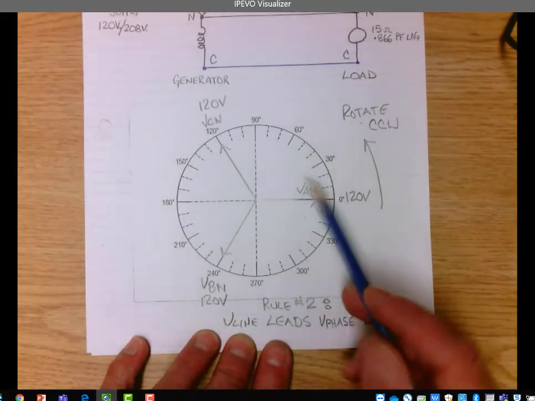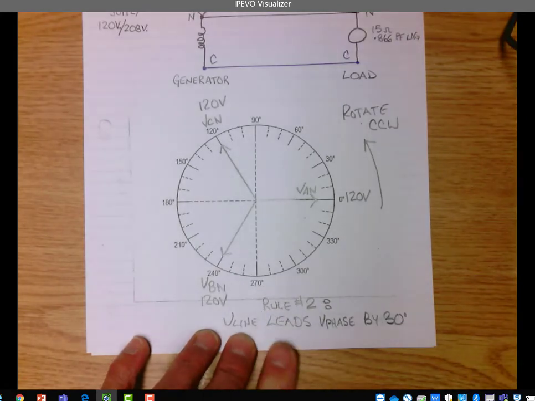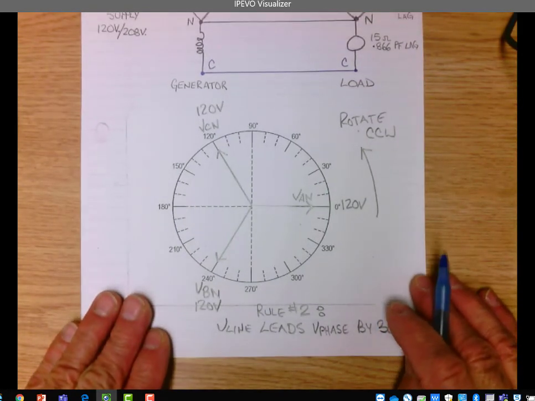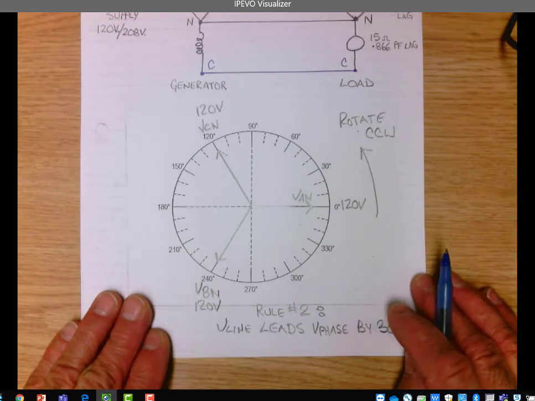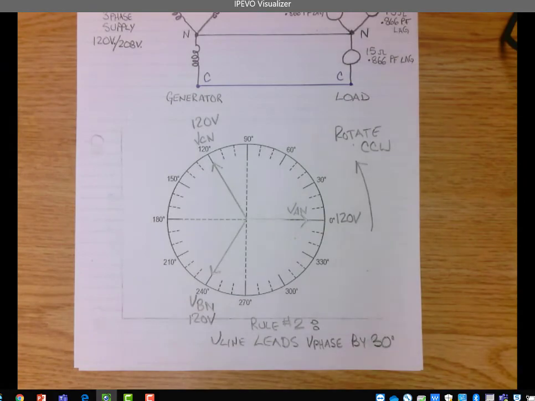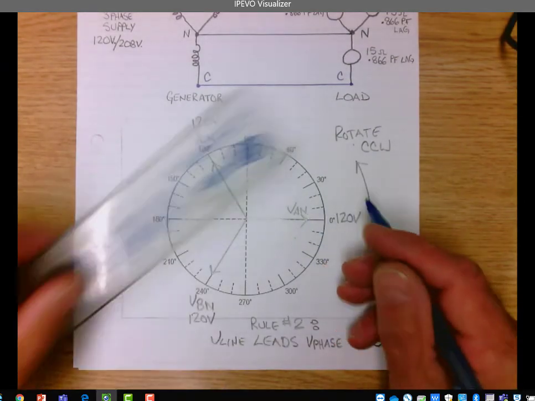So if the line voltages lead the phase voltages by 30 degrees, I'll draw the line voltages on this phasor diagram. If the line voltages are VA to B, VB to C, VC to A, then line voltage AB leads phase voltage AN by 30 degrees.